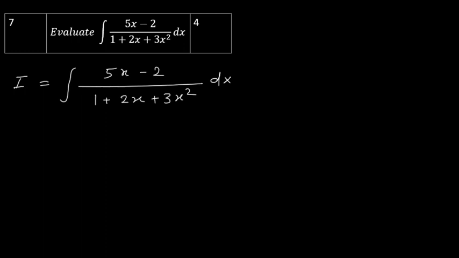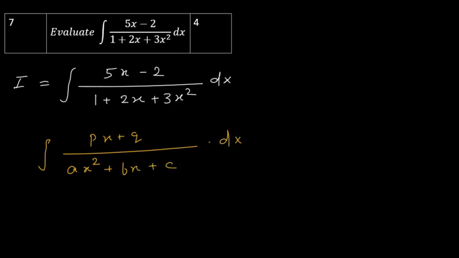So you can identify that here we have 5x minus 2 upon 1 plus 2x plus 3x square. So this is of the type where we have to integrate (px plus q) divided by (ax square plus bx plus c) into dx.